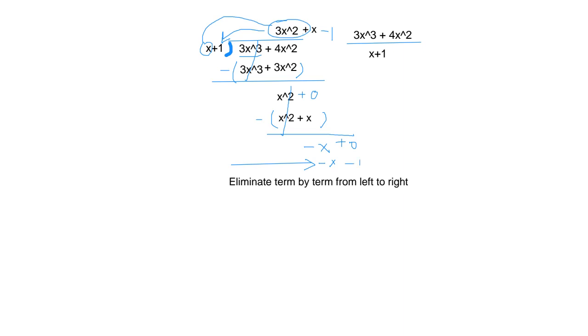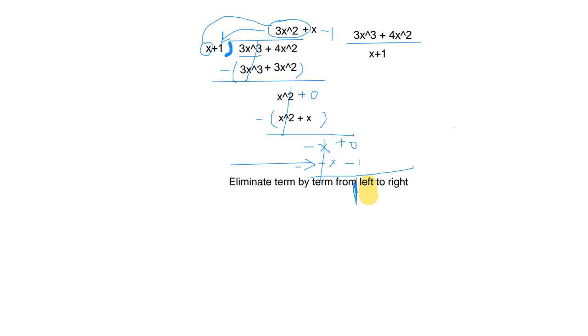Negative x minus negative x again becomes 0. 0 minus negative 1 becomes positive. So that just equals to positive 1. Any questions for this one?